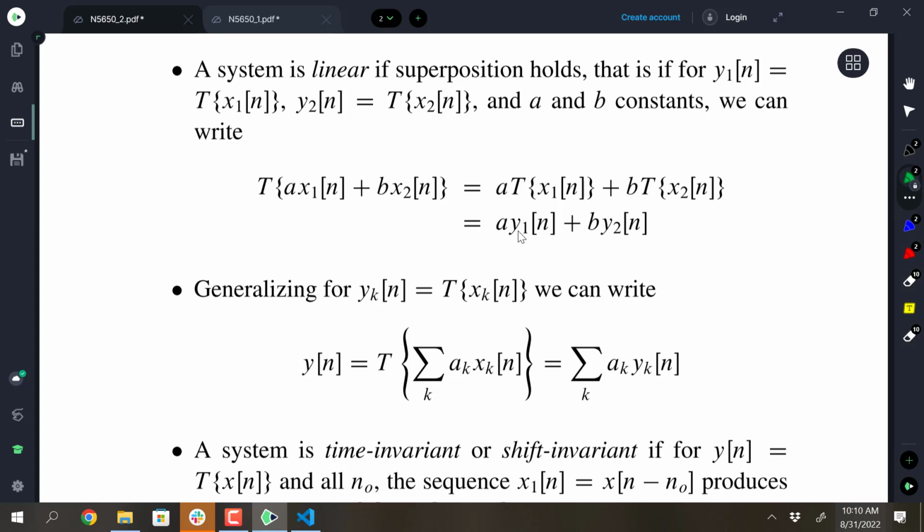But a linear operator says that superposition holds, which says in words here, the present output can be formed as a linear combination of the inputs. And this has to hold for the entire time axis and has to hold for any constant values that you want to apply, A and B. Obviously, to have this make sense, these are finite. They're not infinite values of constants, so that it can hold for any value.